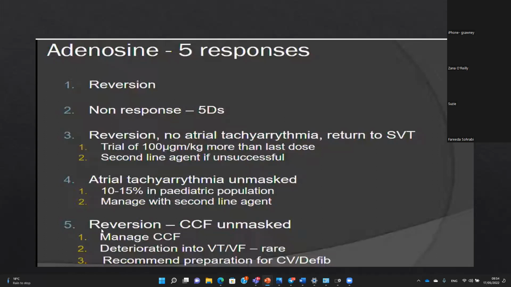The fifth response we should speak about is the congestive heart failure unmasked. So the child recovers from the SVT, but the blood pressure starts to drop and the child gets more tachycardic. Up to 25% of children with congenital heart disease can present with SVT.